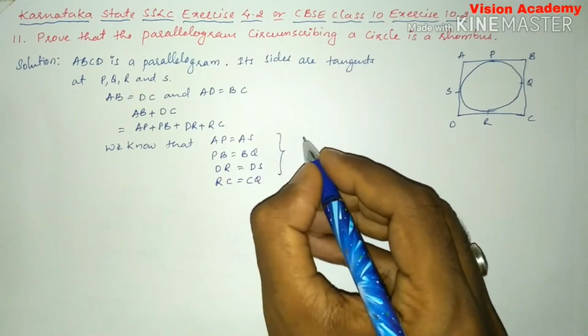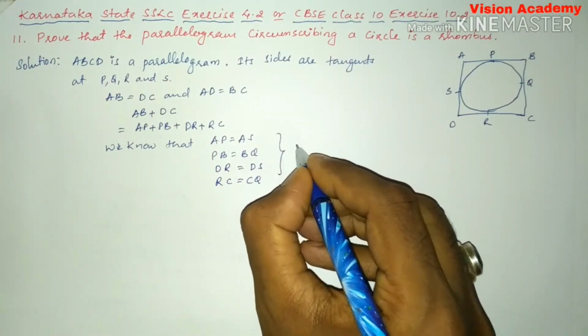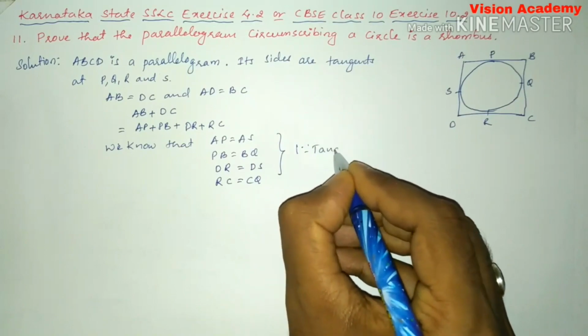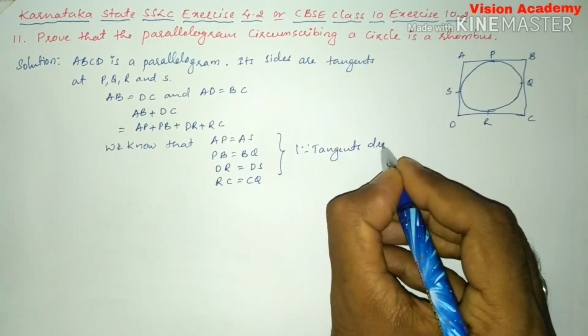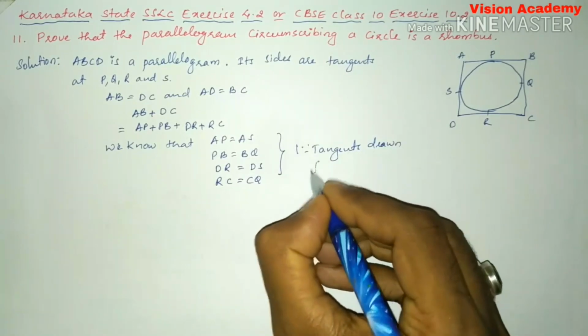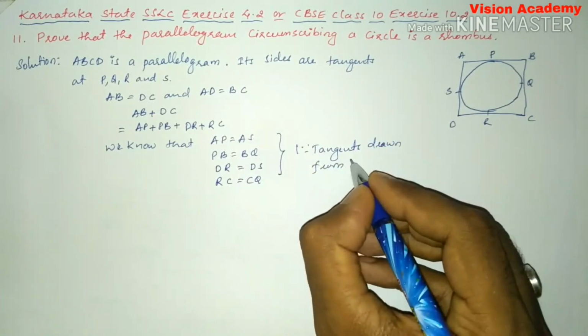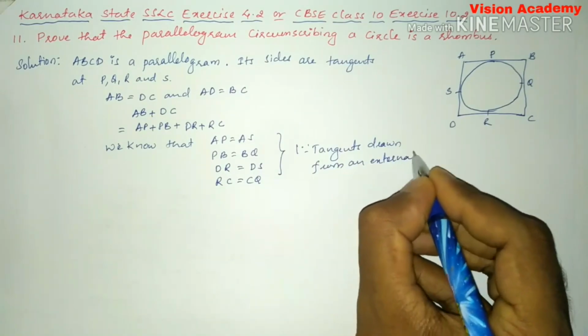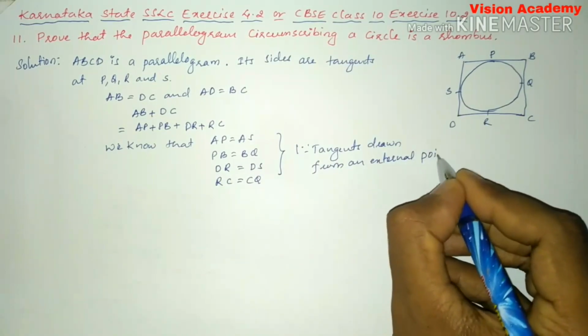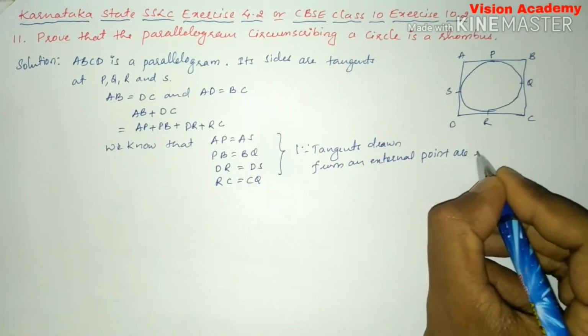So all these are because tangents drawn from an external point are equal.